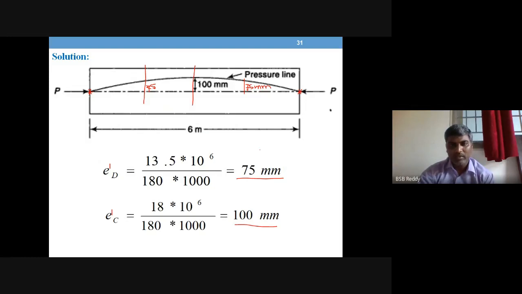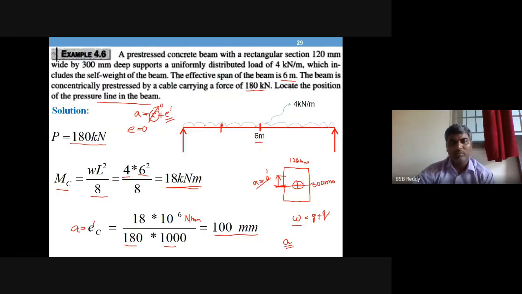So this is how you can solve the problem even with the concept of pressure line, not only by superposing the stresses from pre-stressing, dead load and live load. That is one way of solving. The other way, if you are asked for the pressure line concept, draw a pressure line and find the stress at top and bottom of the cross section using the pressure line concept. Likewise, if you are asked, you have to follow this procedure.